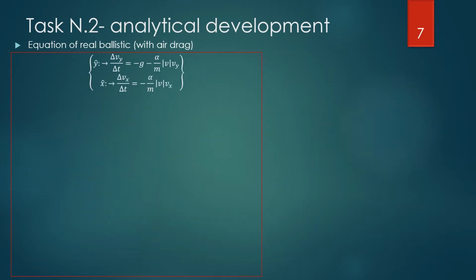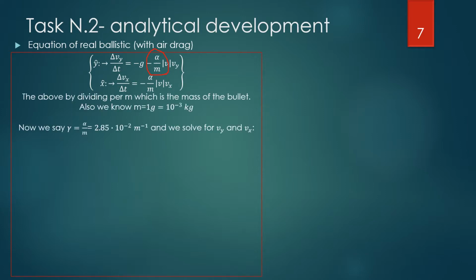We make another simplification. We divide by m both members, and we introduce the coefficient gamma. It is the aerodynamic factor divided by the mass of the bullet. Differently from the ideal equation, the mass in this case is not negligible, it is playing an important role. The delta v is given by the difference of the velocity at the time t plus delta t and the time t for both y and x axis.